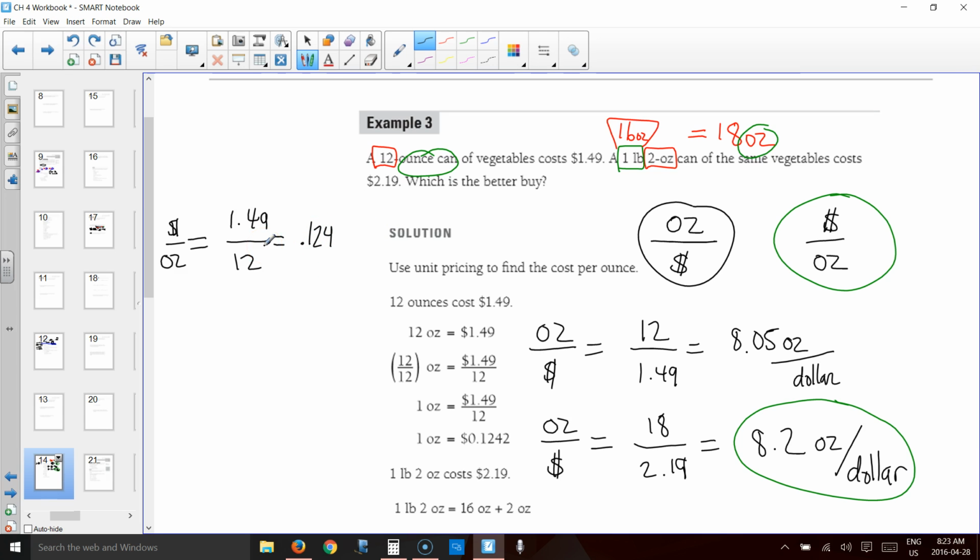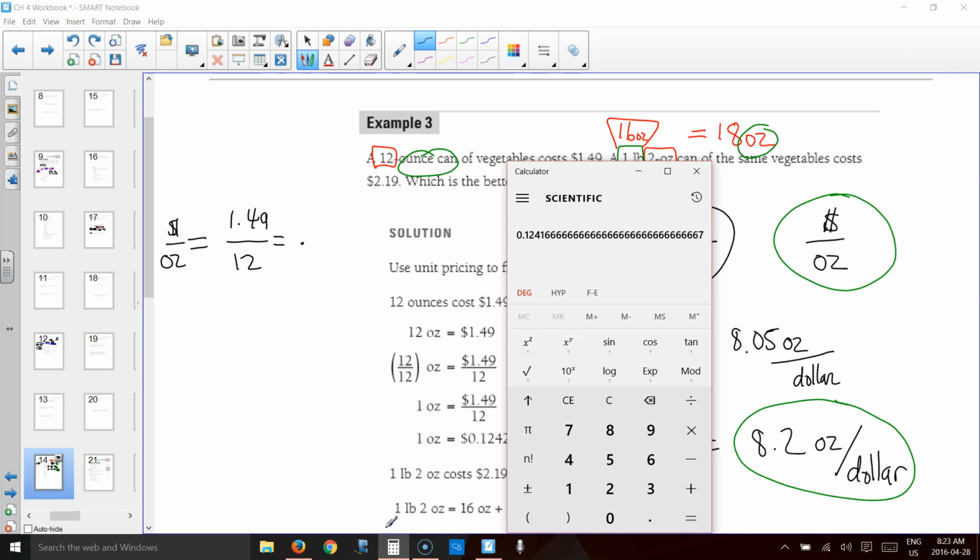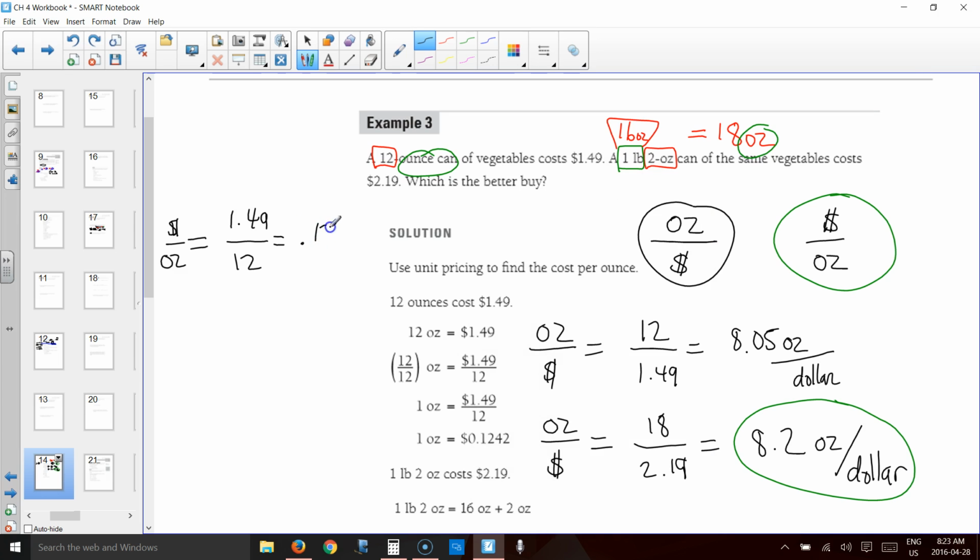Well, actually, since we're dealing with money, let's be a little more relevant to money. If it's 0.124, this is dollars, so this is actually about 12 cents. So 0.12 dollars per ounce. Dollars are on top, so this is 0.12 dollars per ounce.